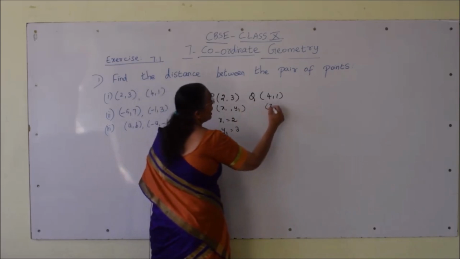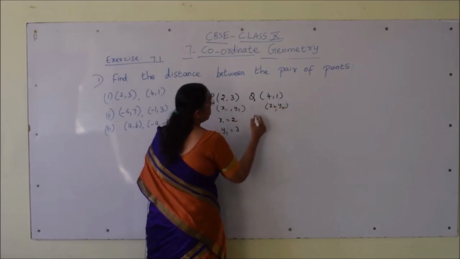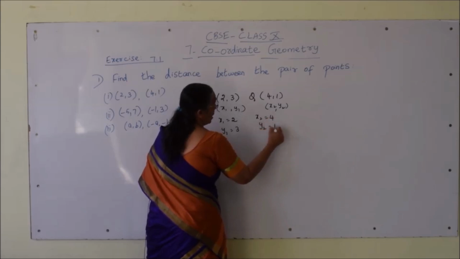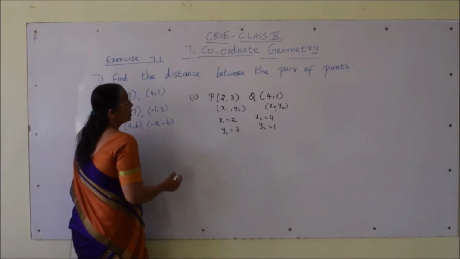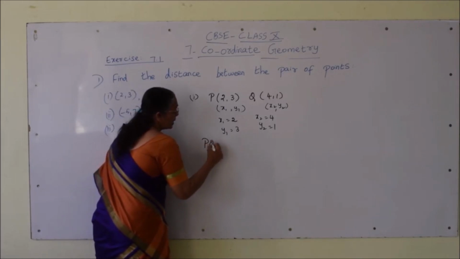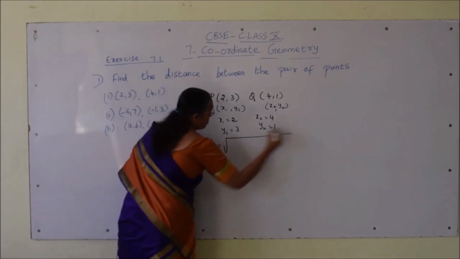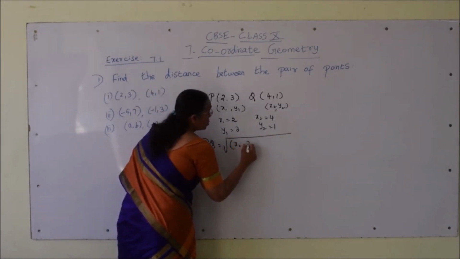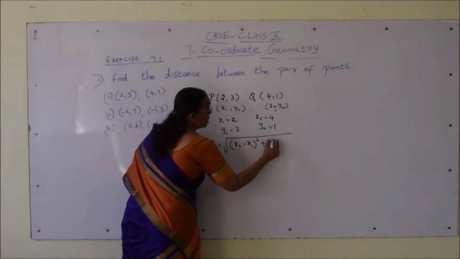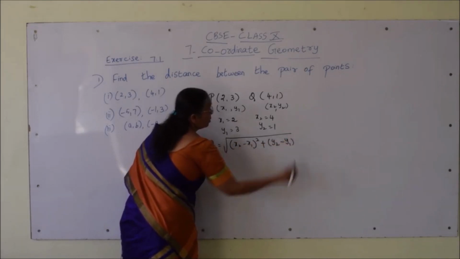Let Q be x2, y2, that is x2 is 4 and y2 is 1. We know the distance between the two points is given by root over x2 minus x1 whole square plus y2 minus y1 whole square.